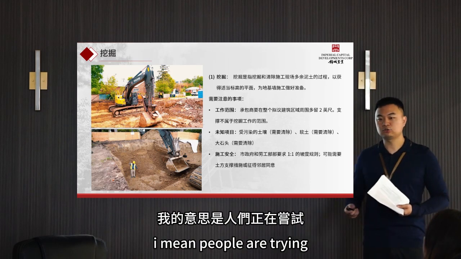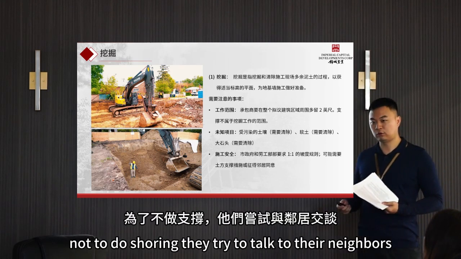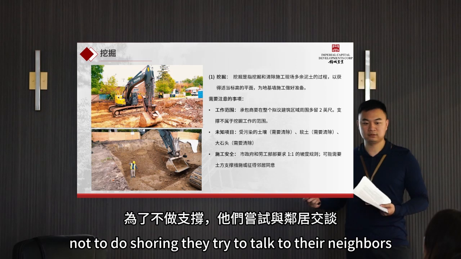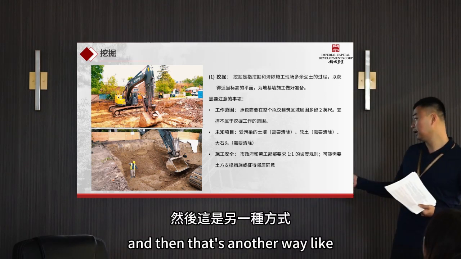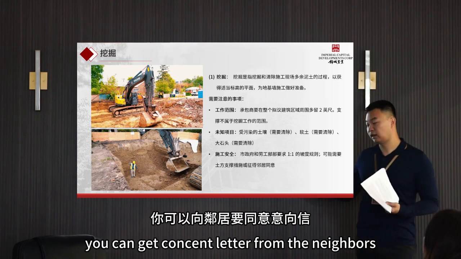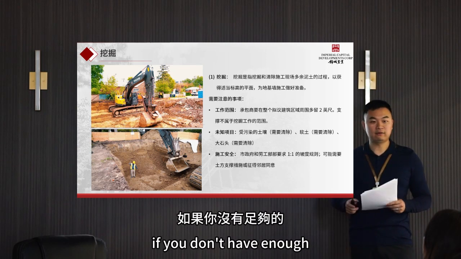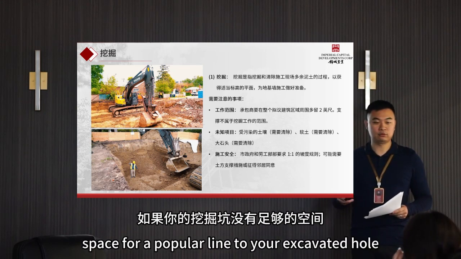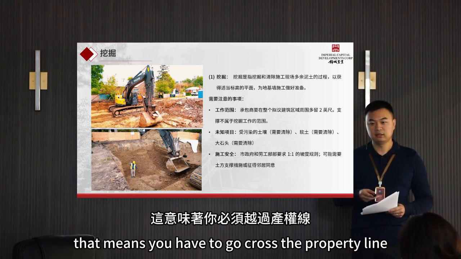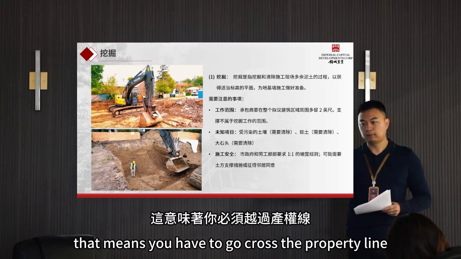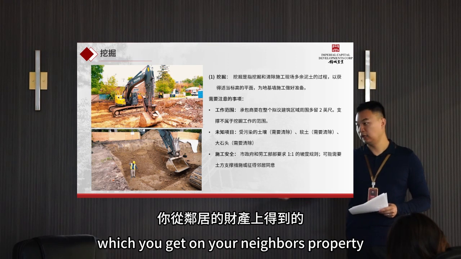People are trying to avoid shoring now. They try to talk to their neighbors, and that's another way. You can get consent letters from the neighbors, but that's very unlikely to happen. If you don't have enough space from the property line to your excavated hole, that means you have to go across the property line, onto your neighbor's property.